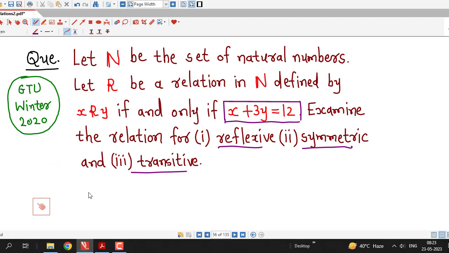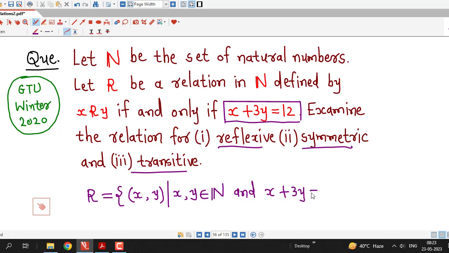So first we write down that relation R is defined as follows. We have to consider those elements in this relation for which these components of the ordered pair are natural numbers, that is x, y belongs to N, and they satisfy this equation x plus 3y equal to 12.